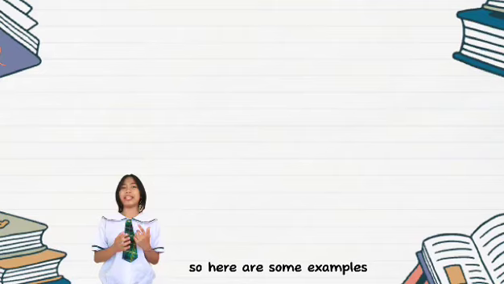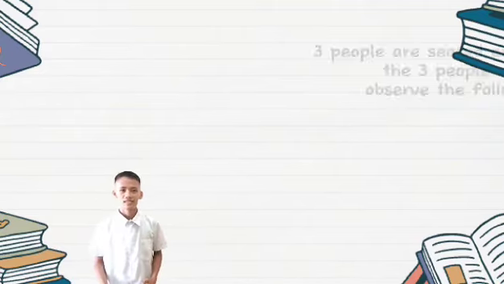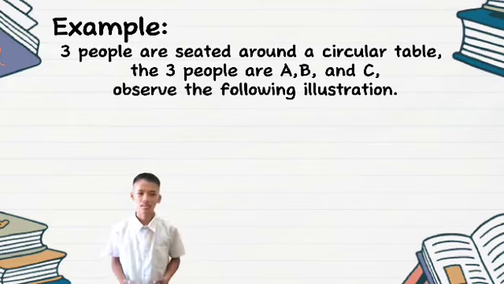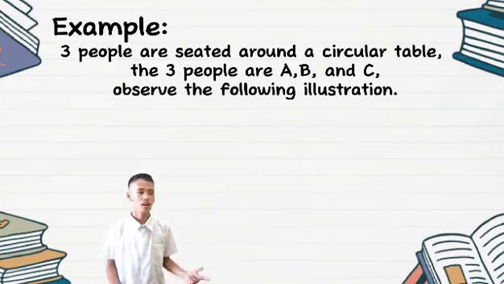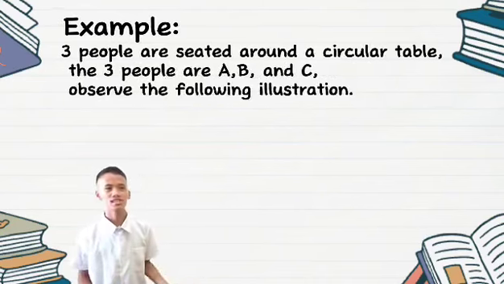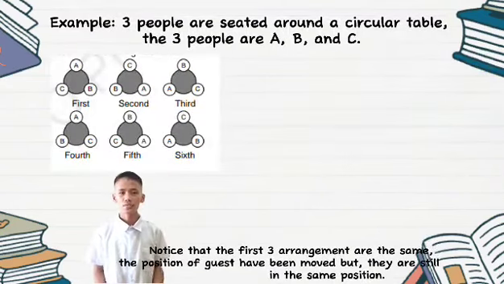So here are some examples. First example: 3 people are sitting around a circular table. The 3 people are A, B, and C. Observe the following illustration. The first 3 arrangements are the same.